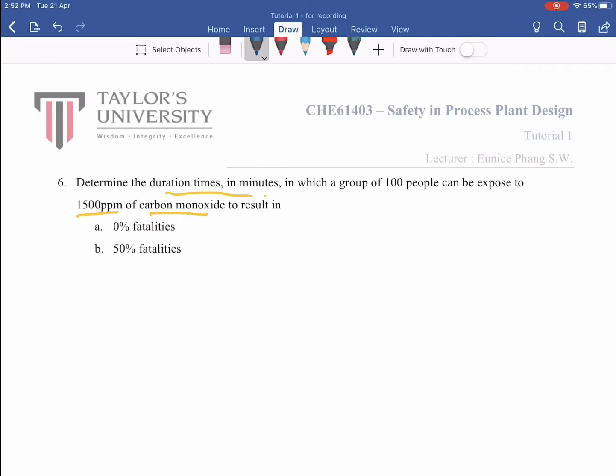First, take a look at the probit equation here. Again, Y equals K1 plus K2 ln V. Let's take a look at what the K1 value, K2 value, and V value are for carbon monoxide.